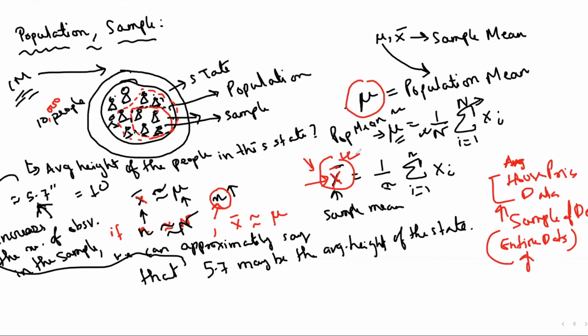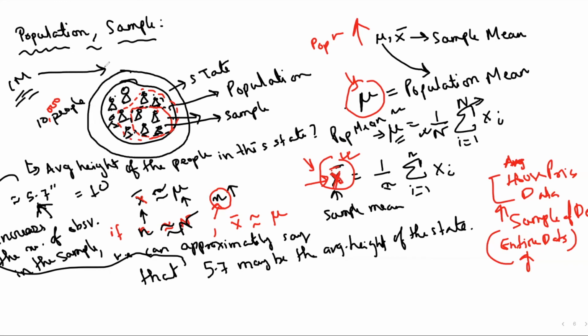If luckily, in a few cases, the population is very small, then we will consider the population mean, no problem with that. But if the population is very high, we have to consider a sample from the population. So in most scenarios, we are considering the sample and the sample mean.